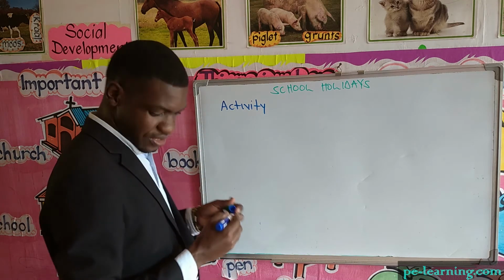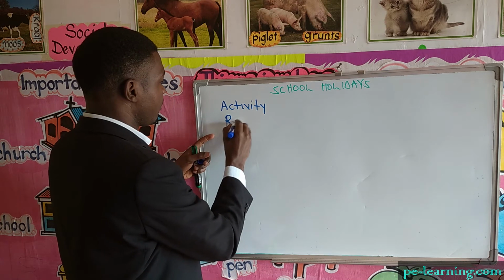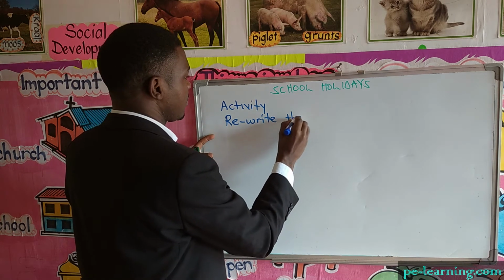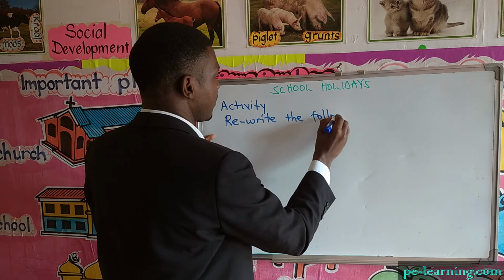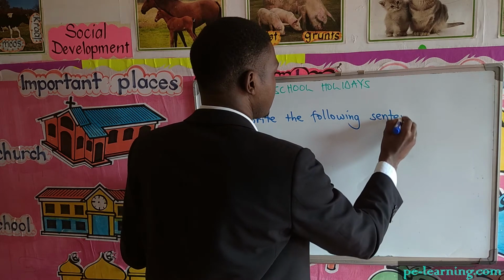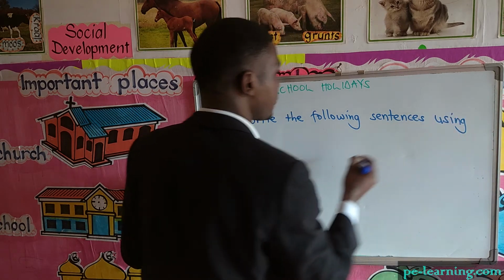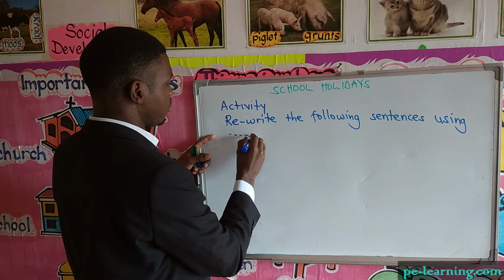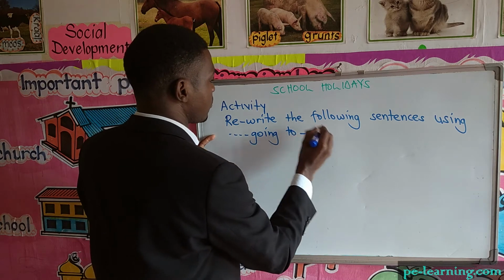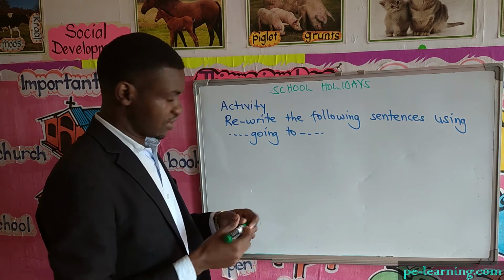This will be our activity, and we're going to say, write the following sentences using "going to." That's what we have looked at, and we are going to have the sentences.